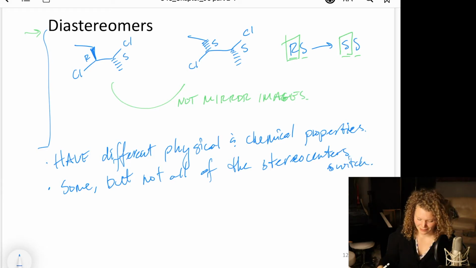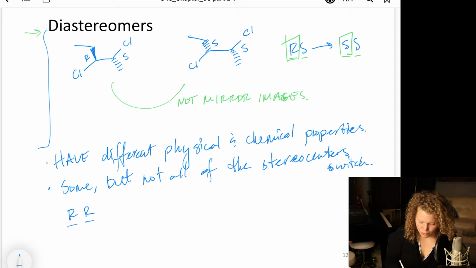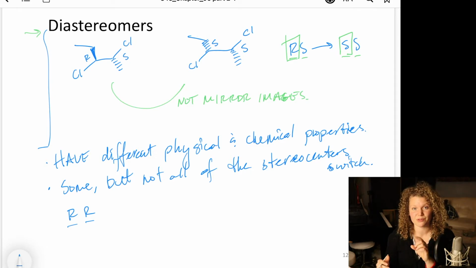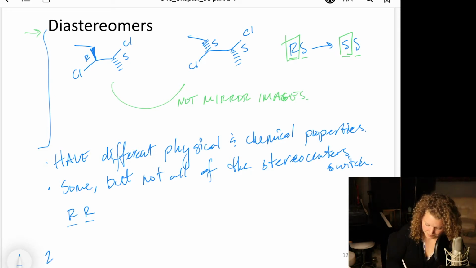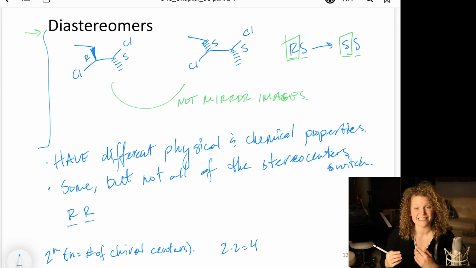You're probably like, wait a minute. Well, let's think about a compound that has an R-R stereocenter, okay? When you have two stereocenters, the number of possible stereoisomers is 2 to the n, where n is equal to the number of chiral centers. So if we had 2 times 2, that would be 4 possible stereoisomers if you have 2 stereocenters.